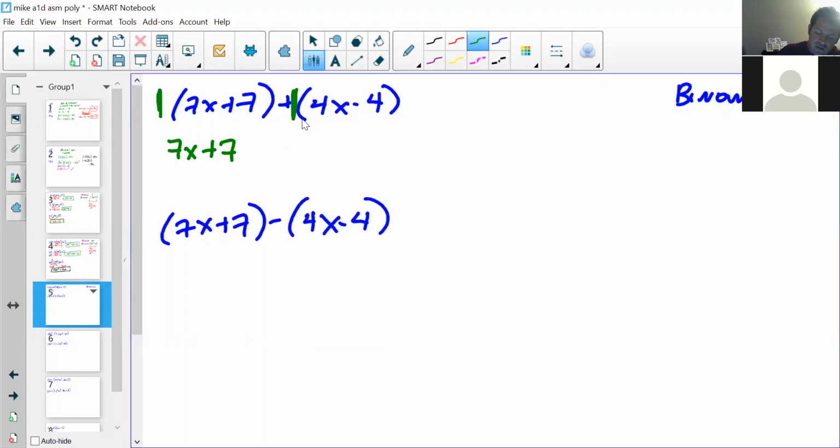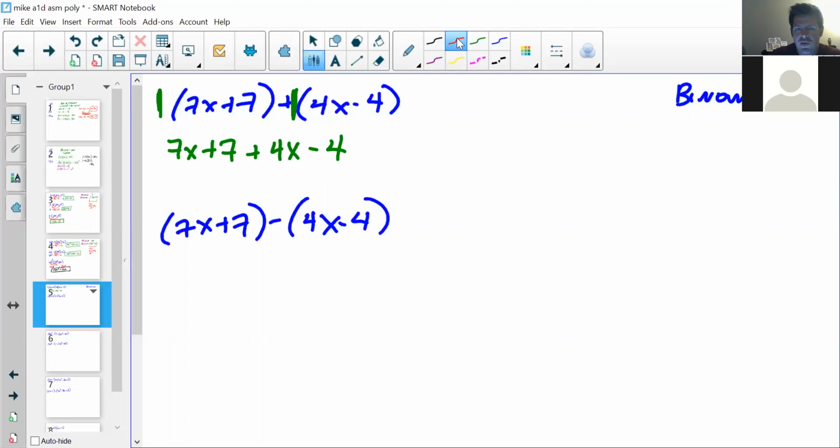And then over here, 1 times 4x would be 4x. 1 times negative 4 would be negative 4. So in that situation, you could say to yourself, well, if I just remove the parentheses, it would be the same exact thing as I see there. And that's true for that particular example. And we'll see here in a second why that doesn't always hold true.